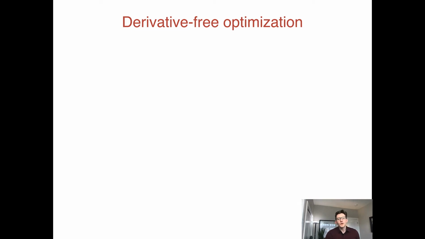So let's look at a couple of different ways to do derivative-free optimization. The simplest is grid search. So grid search is the case where we just give the grid search algorithm some space of points that it's allowed to look in.